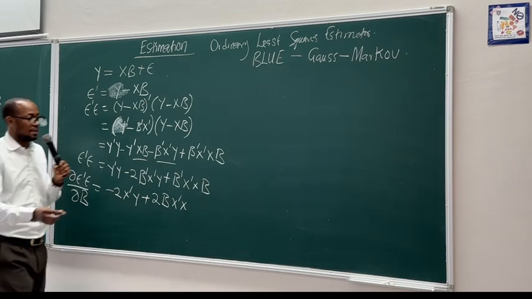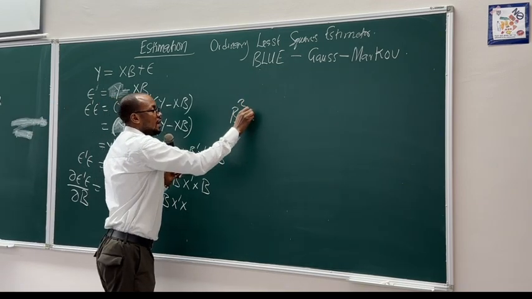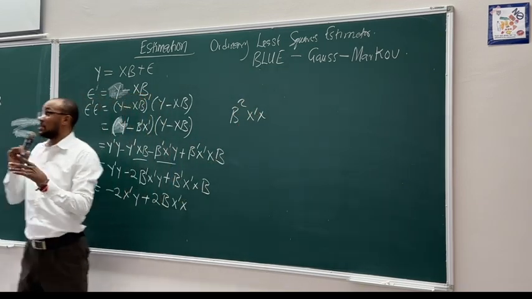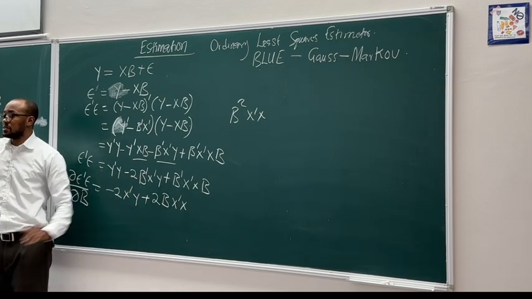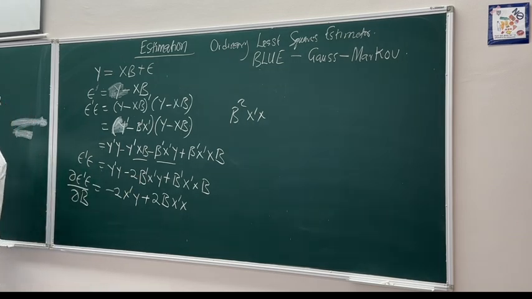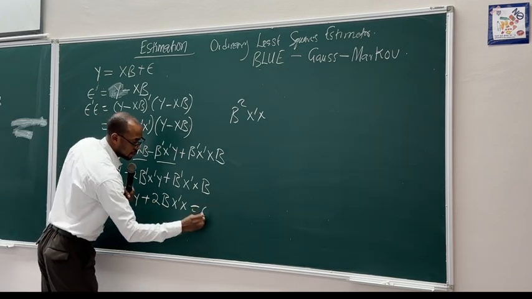It's like saying b squared x prime x, and we are differentiating. Okay, but it's a sin for us to write it as b squared, because this is a matrix, right? So it's going to come in that form. And when you are done differentiating, what do you normally do when optimizing? You equate to 0. Okay, equate to 0. Great.